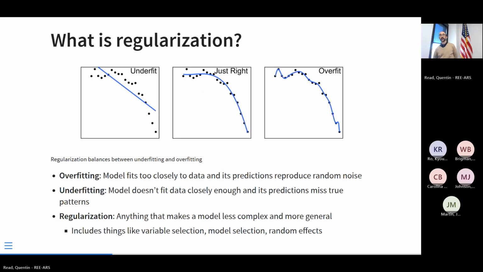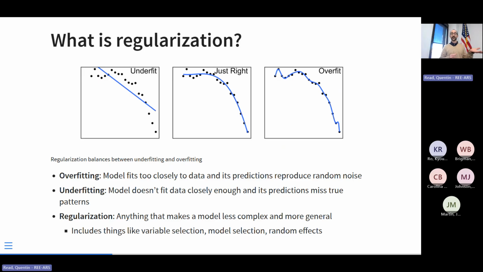And when it comes to making predictions, we want our model to strike a balance between underfitting and overfitting. To do that, we use something called regularization. On the right, you can see an example of an overfit model. That model follows random noise in the data too closely.